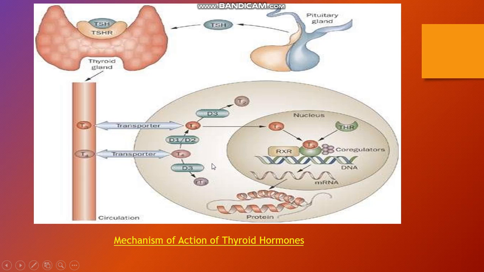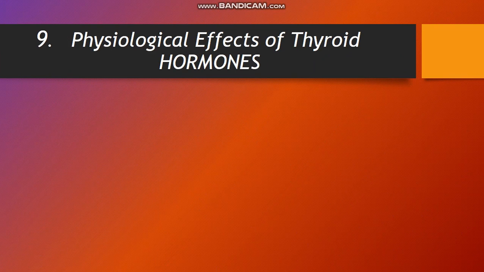These are released from the cell, where will they go? Into the blood. After formation they come here, and here they are coming by the transporters into the cell, and then in the cytoplasm, they attach with various receptors and they go into the nucleus where they attach to the DNA, and then the messenger RNA comes and forms the various proteins which are the mediators for the action of the thyroid hormones. This is very much complex, you should be knowing.